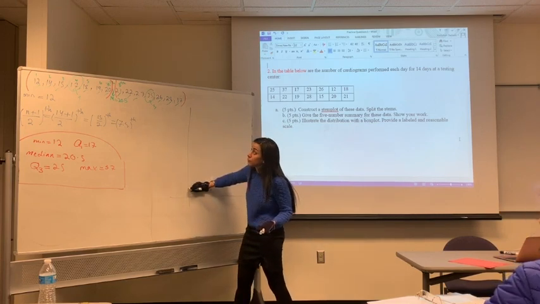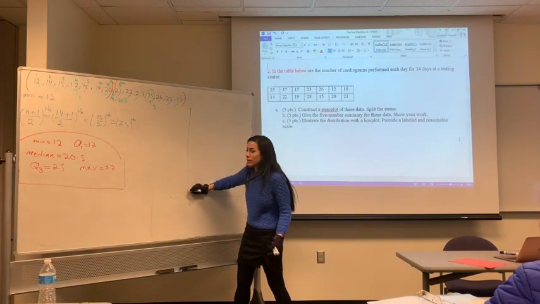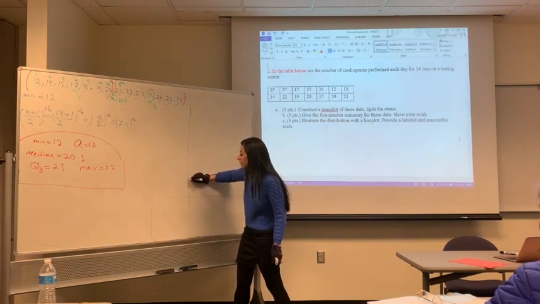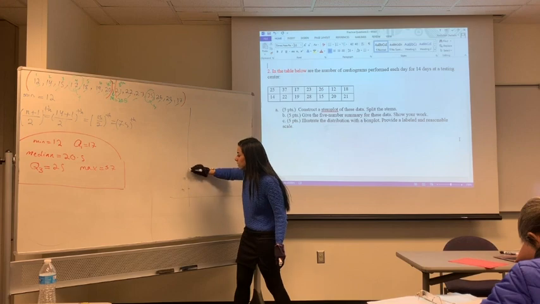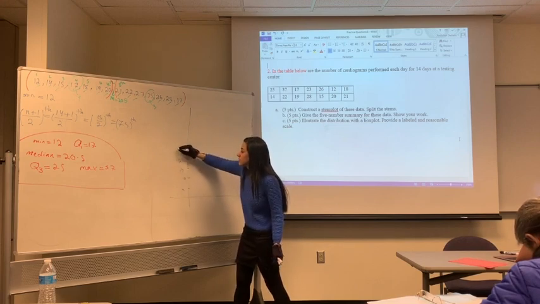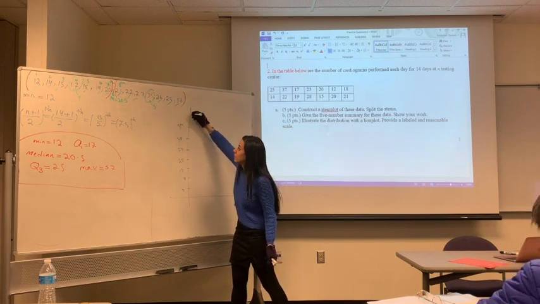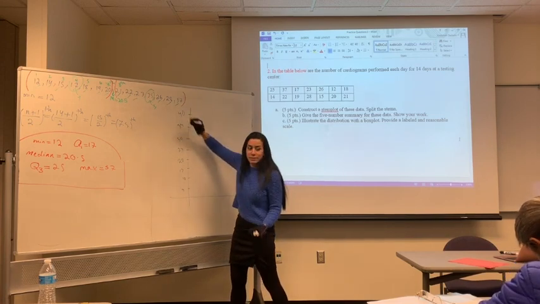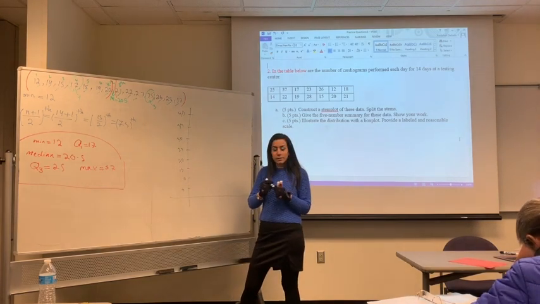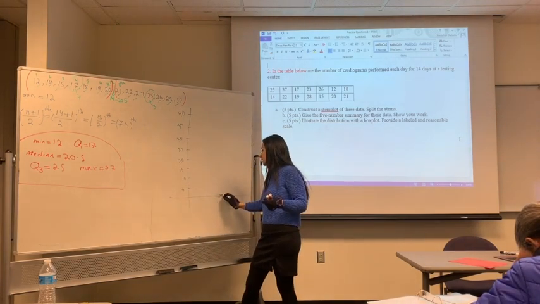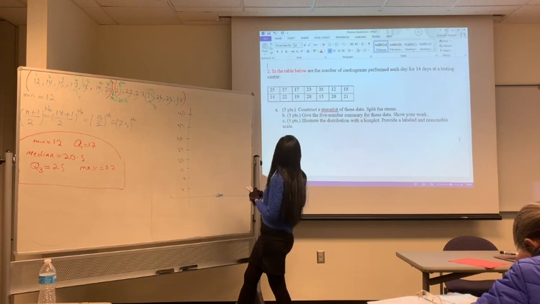Okay, from 12 to 37. Let's make the scale by 5s. 5 is good. 5, 10, 15, 20, 25, 30, 35, 40. Correct? And then, let's say, what is the data set?